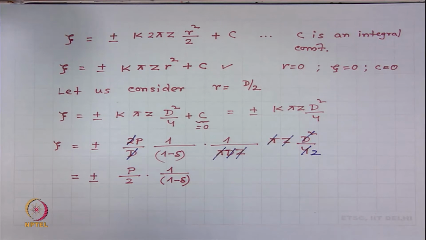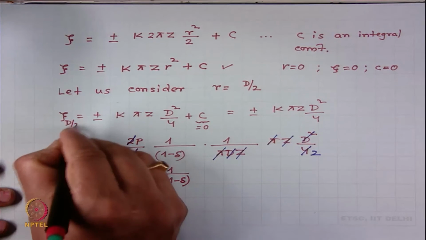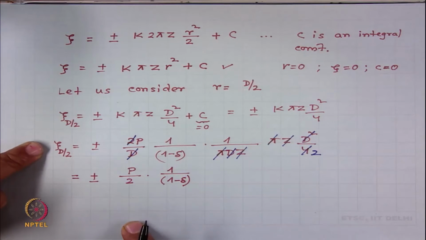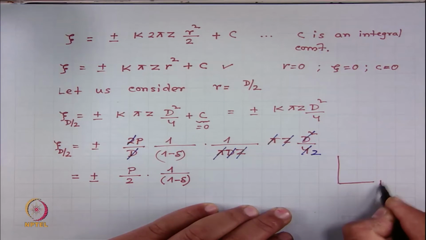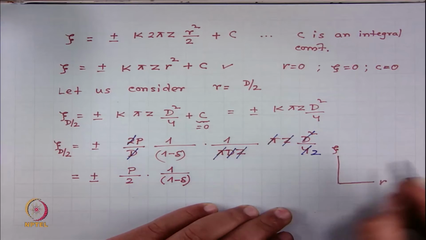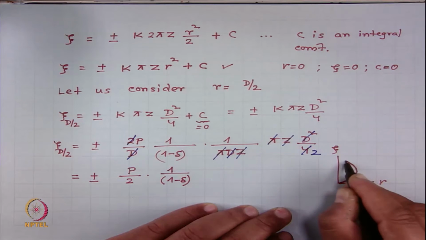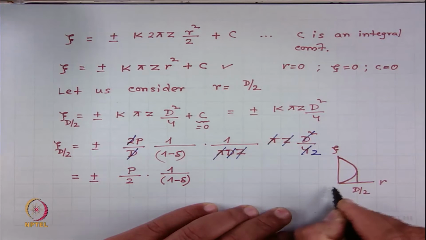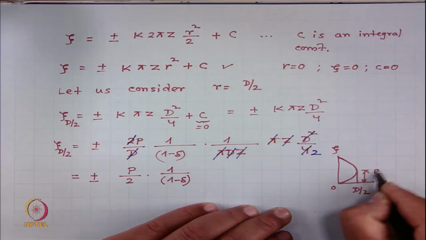This is a problem, because at d by 2 this value must be equal to p by 2. Why? Because if this is r, this is zeta, if this is your d by 2, then this distance is p by 2.